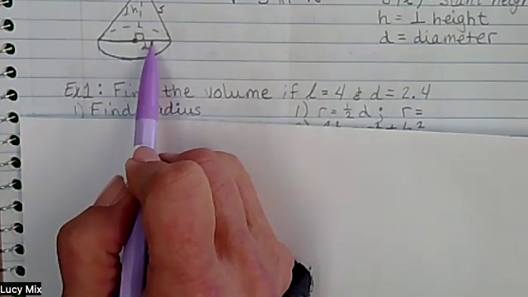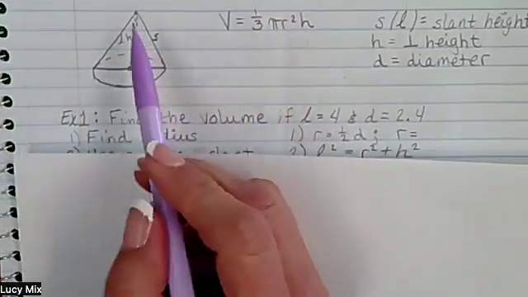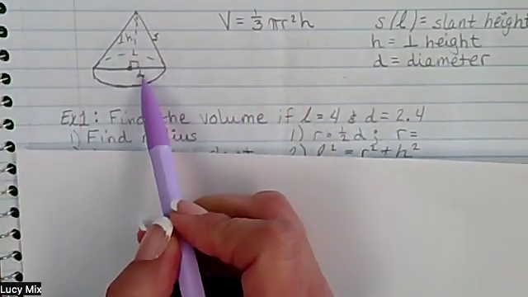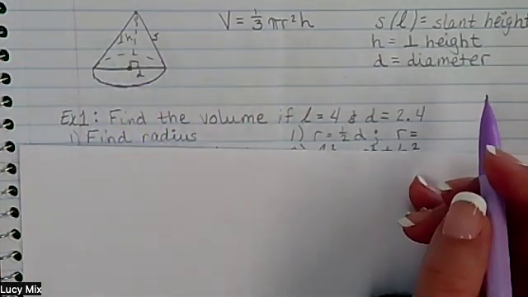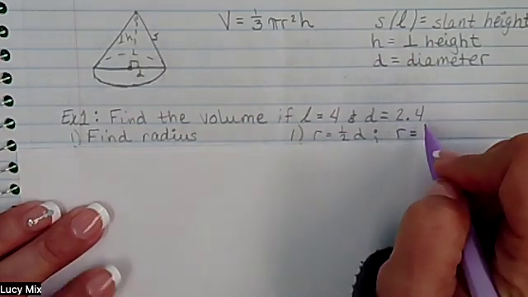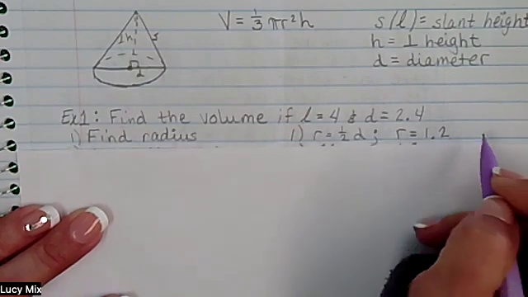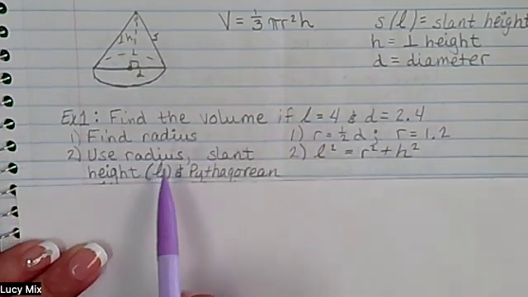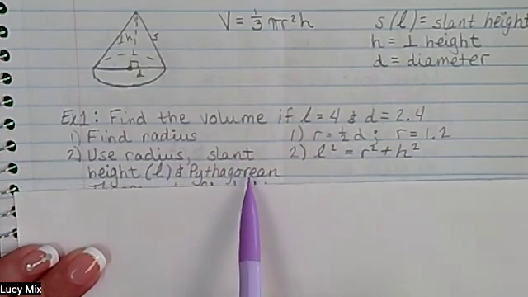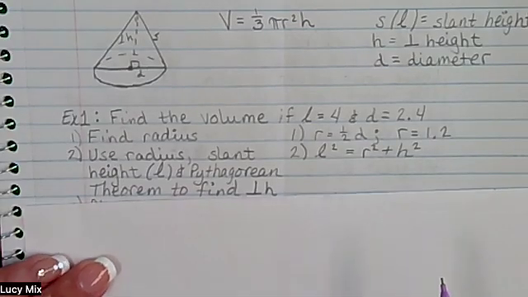The bottom of this, or one leg of this triangle, is the radius of the circle, which is half the diameter. So if the diameter is 2.4, half of that, or divide by 2, is 1.2. Now remember, we're going to use the radius, the slant height, and Pythagorean theorem to find perpendicular height.